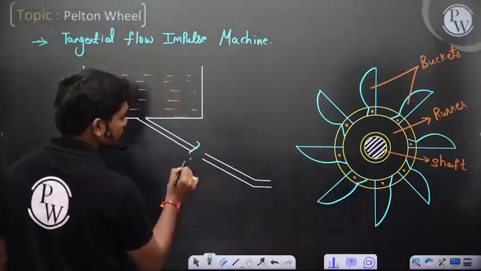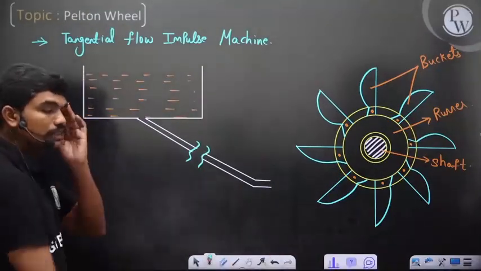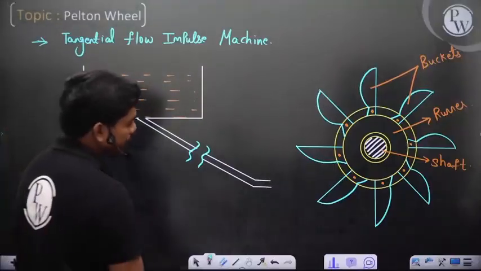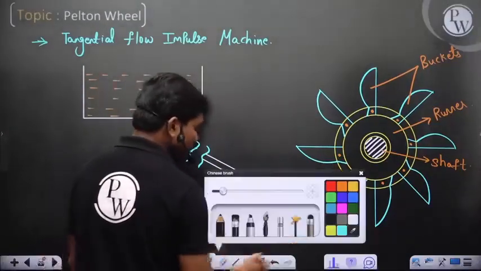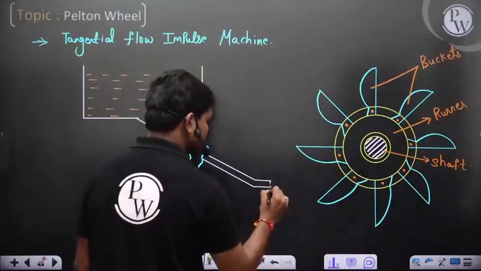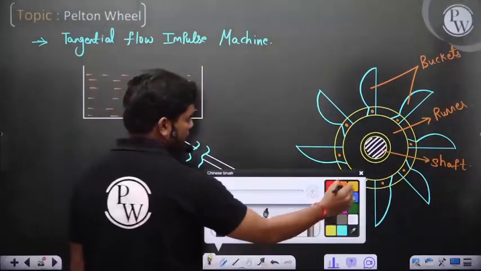Since this is not to scale, I am breaking it because dimensionally I should show that the length is something big. And then you see this is connected to a nozzle ultimately. So this is a nozzle which you have.